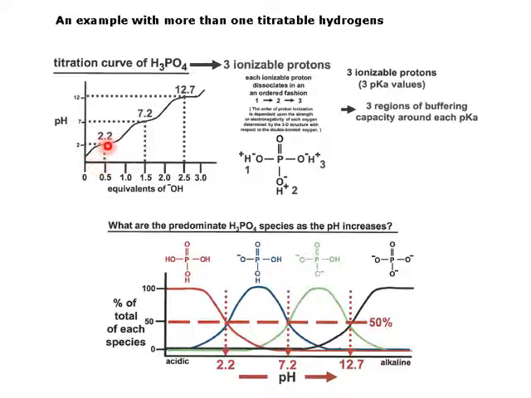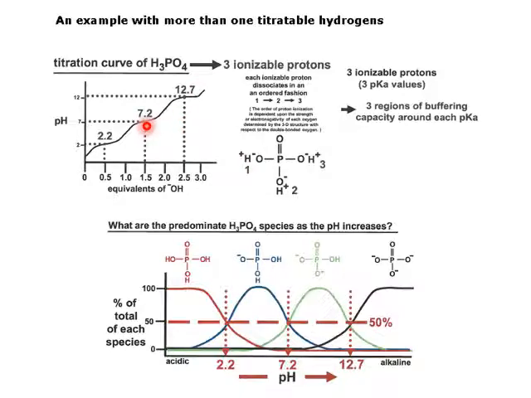Each midpoint of that step would be a pKa value. So here's shown phosphate completely protonated as phosphoric acid. The first titratable group has a pKa of 2.2, the second one 7.2, the third one 12.7.